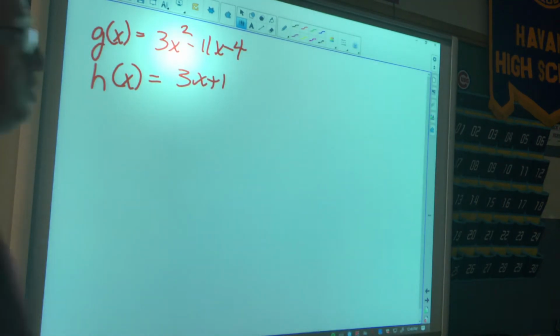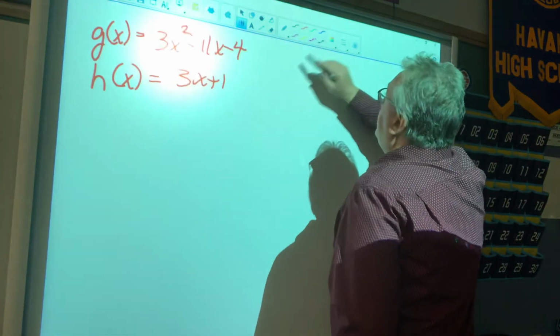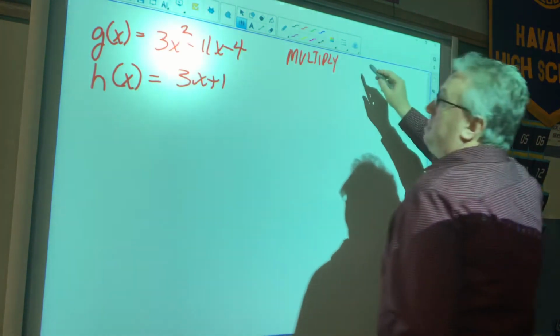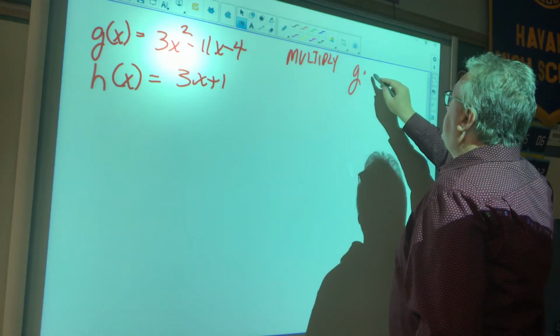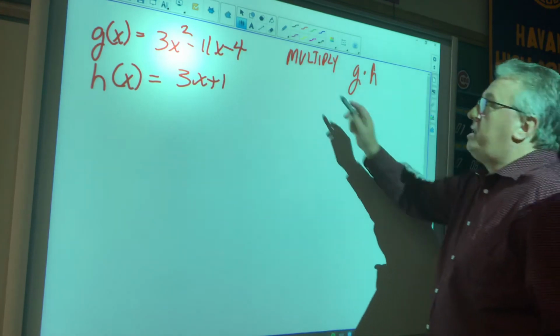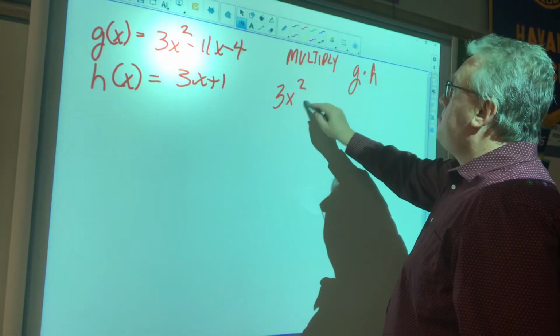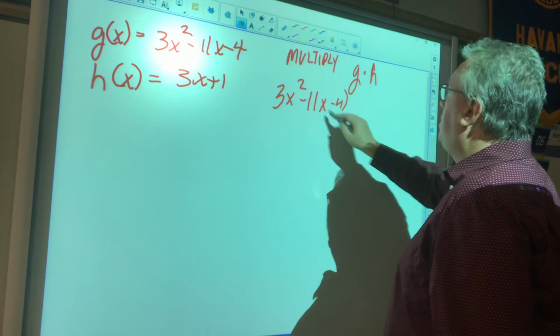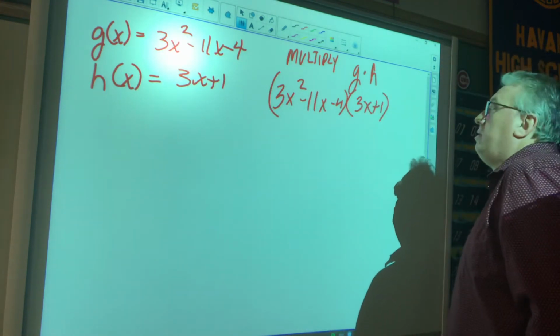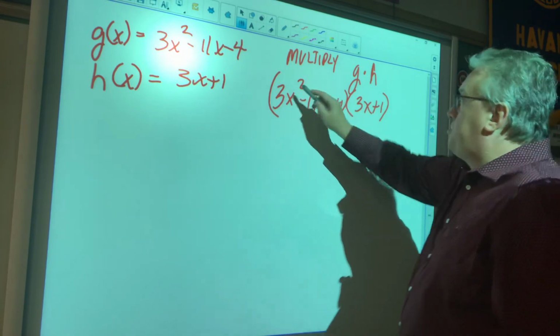And I want to multiply g times h. All right, so let's do it. 3x squared minus 11x minus 4 times 3x plus 1. Here, we have to just distribute.